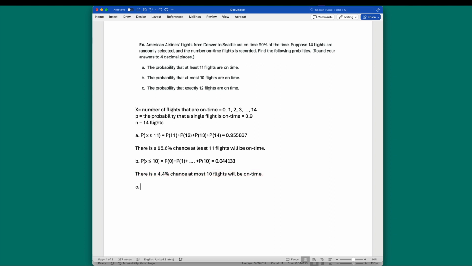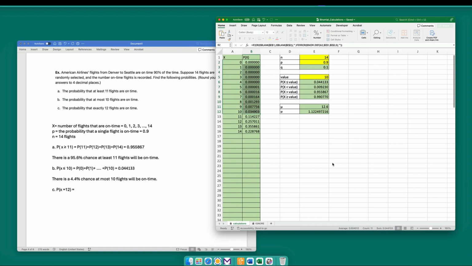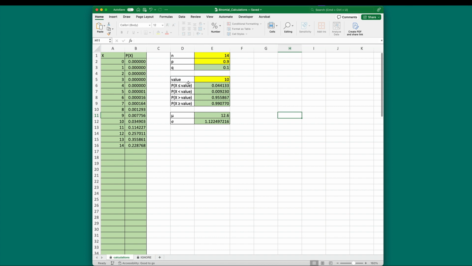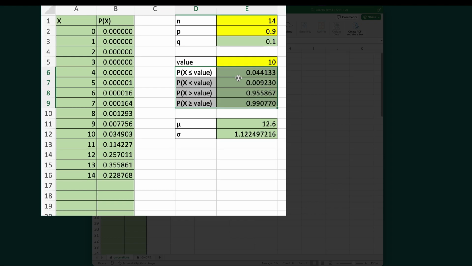Now for C, the probability that exactly 12 flights, that means X equal to 12. So we're looking for the probability of exactly 12. You don't have a spot in this particular area to find X equal to 12. However, you could use the table here and look at cell B14, and B14 is where the probability of X equal to 12 would be.